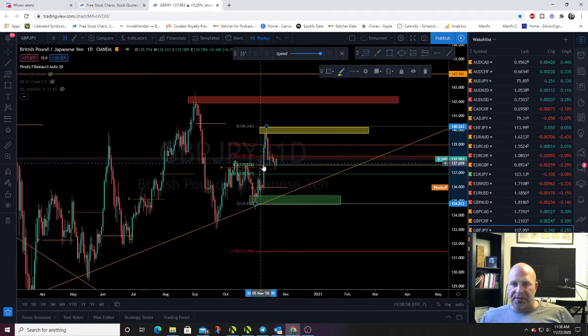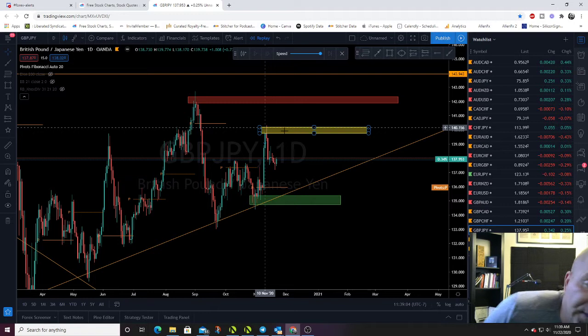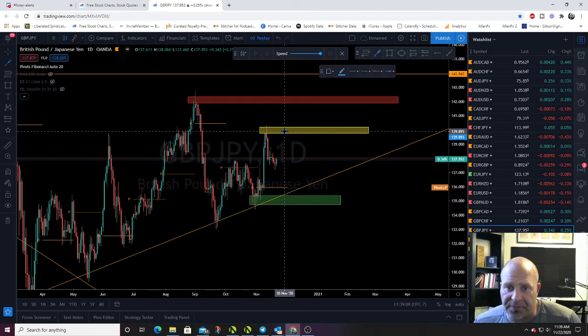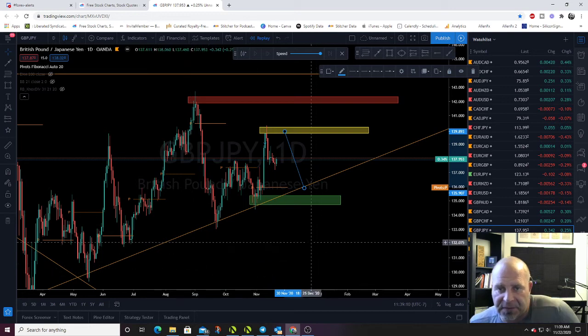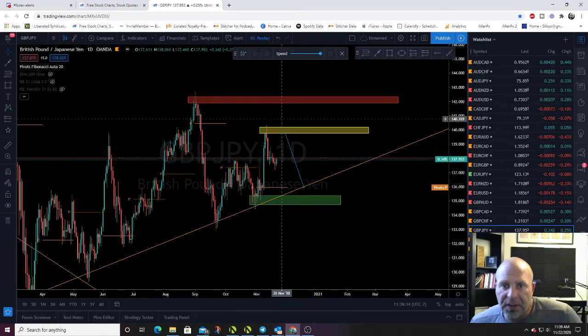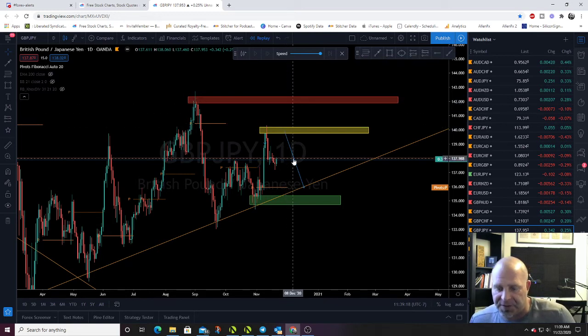Fibonacci is telling us we might get to this zone and peter out, so I'm going to want to see what happens there. If we double top, bam, down to that line. And if we break through, we've got a little bit of a buy to see what happens at that inflection point.